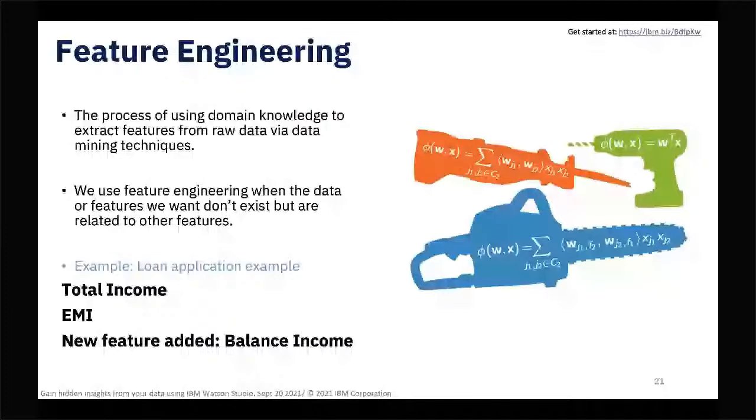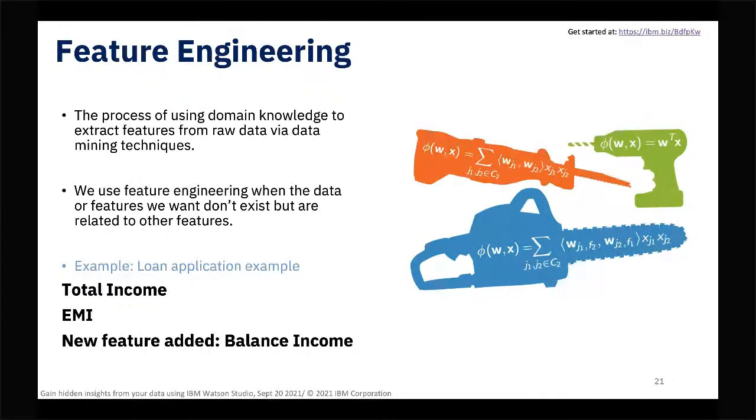If there is a field in that data called salary of person A, and another field called salary of person B, given your knowledge of the data set, you can actually create another column which combines those two values. So this is, on a very high level, a very basic example of what feature engineering means.